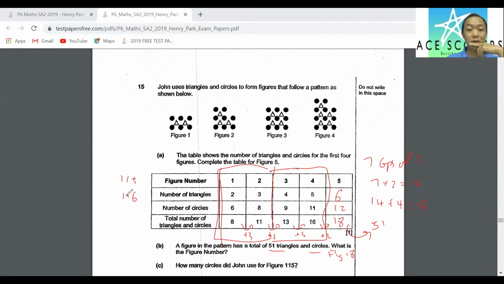So if it's figure 115, from figure 5, I gotta add 110. That means 110 divided by 2 is 55 groups of 5. Okay, so 55 groups of 5 is 55 times 5. I need to add 275. 55 groups, 110.